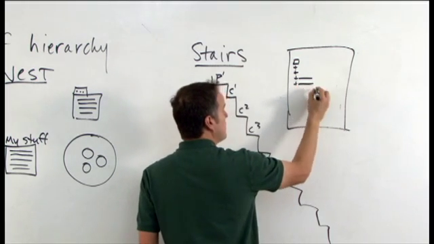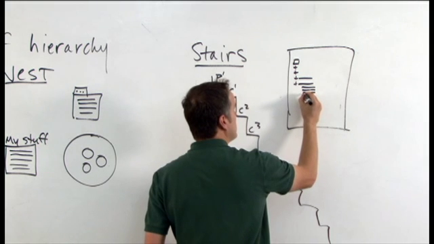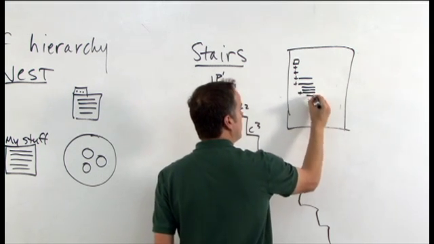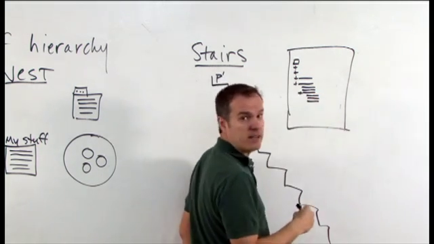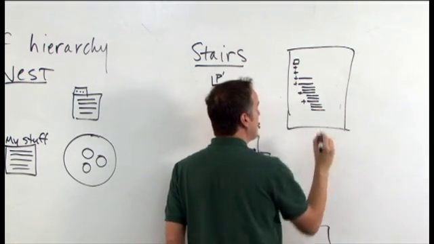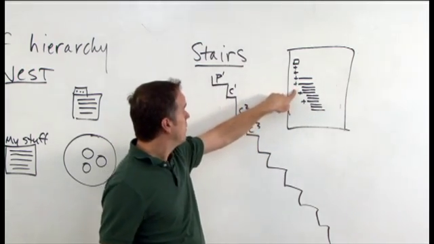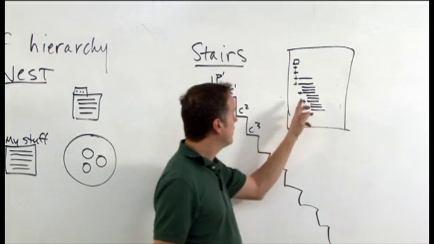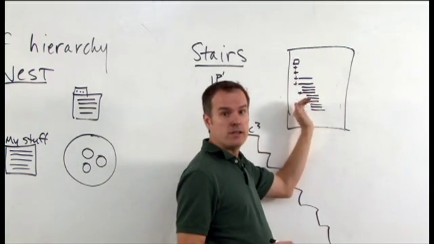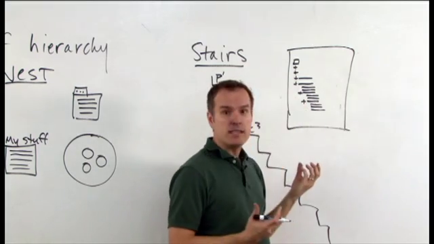Now, when I open this folder, there are going to be a new list of files. Perhaps one of those is a folder. If I open that folder, I get a new list of files. Perhaps one of those is a folder. I open that, I get a new list of files. You'll notice that the file system matches the stair form exactly. For every new level, I go over and down, resulting in a new sense of hierarchy.